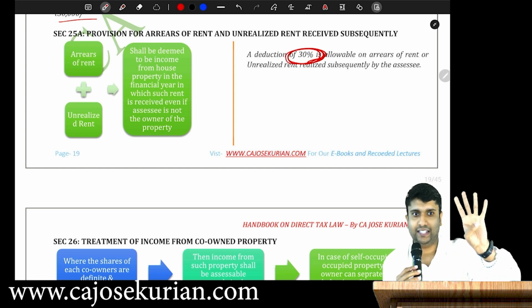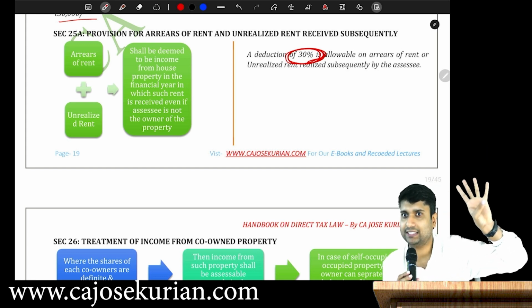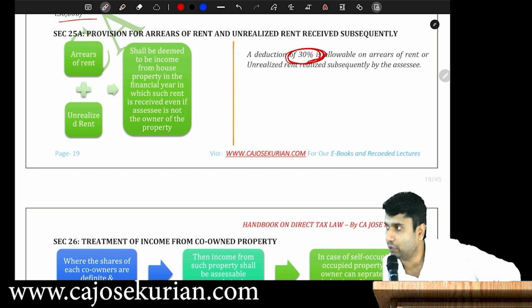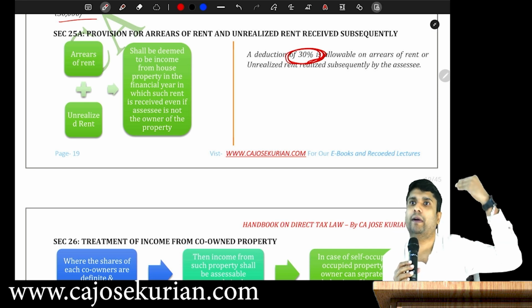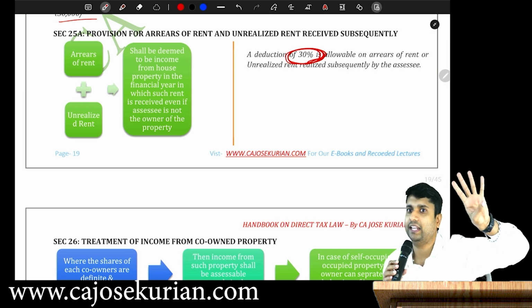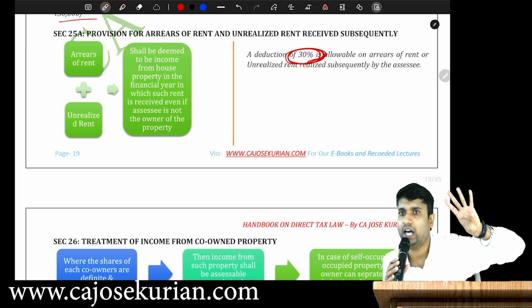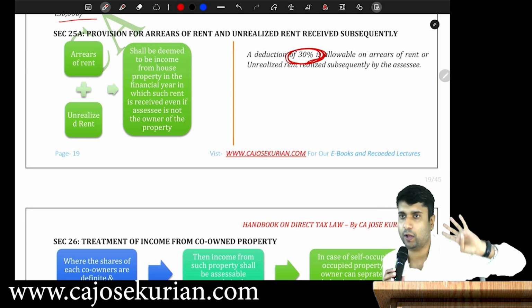Say for example, last year my tenant escaped and he is supposed to pay me 4 months rent. This year he came back. But at the beginning of this year I sold my house property.